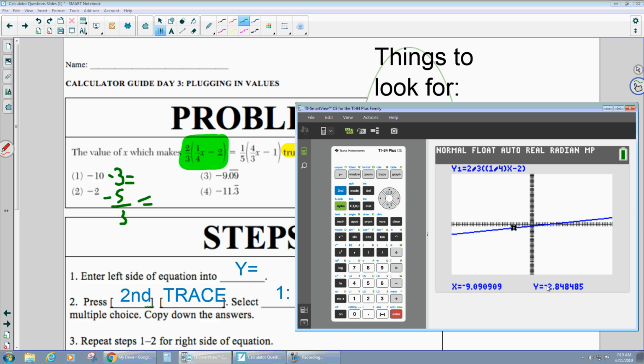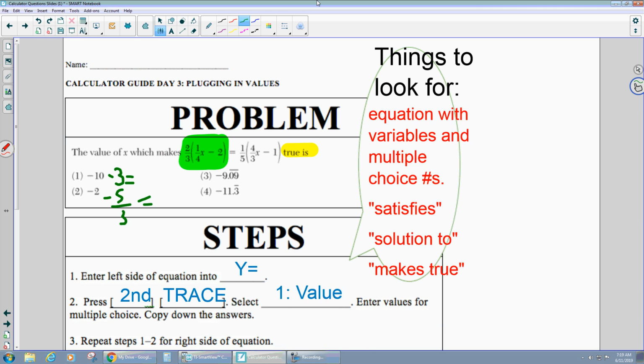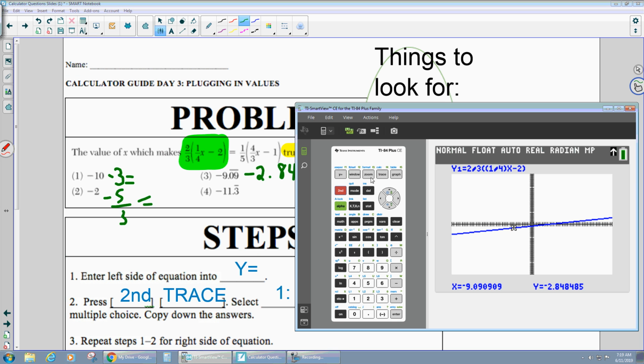And I get negative 2.84. So negative 2.84 equals, and then I have negative 11.3. So second trace, value, negative 11 point, again 3 times, 3, 3, 3. And I get negative 3.22.